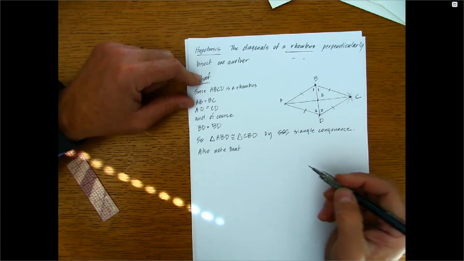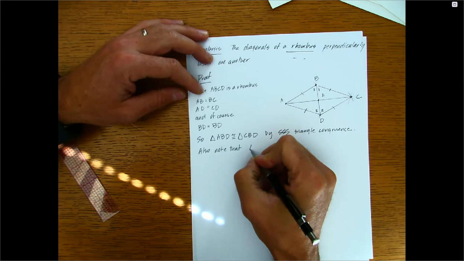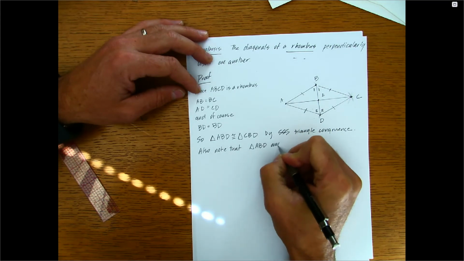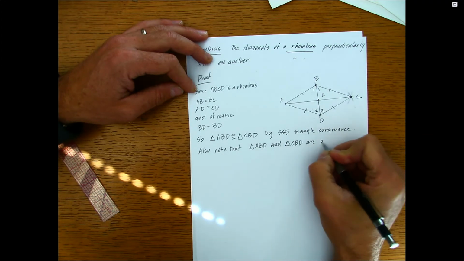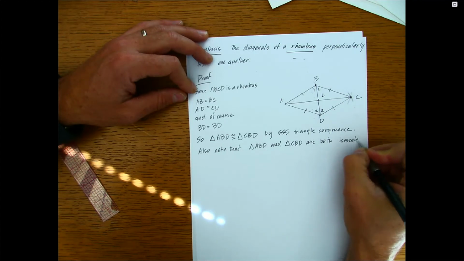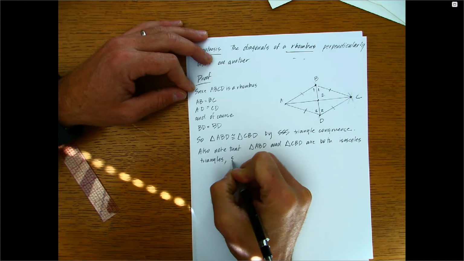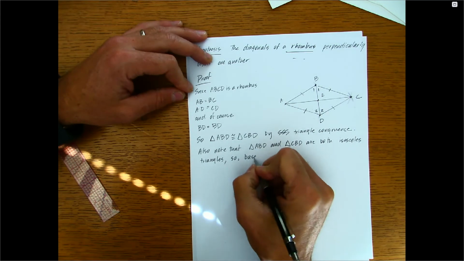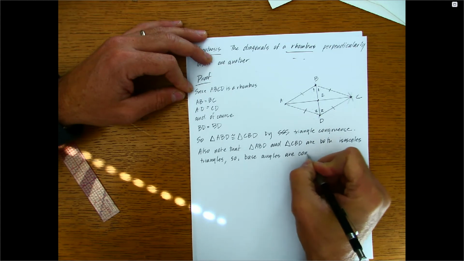So that means the 1 and the 2 must be congruent. So I'll also note that triangle ABD and triangle CBD are both isosceles triangles, so base angles are congruent.